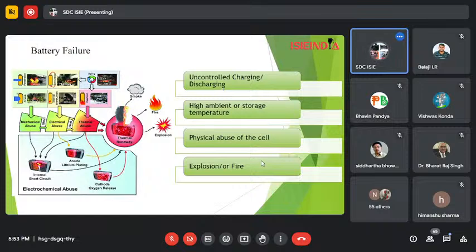And in case of explosion or fire, if anything goes wrong inside the vehicle and any other compartment or parts catch fire, it will directly or indirectly put stress on the battery pack. If the temperature of the battery pack increases, the reaction will get vigorous, and it will lead to explosion.